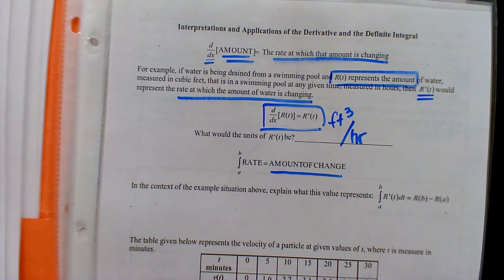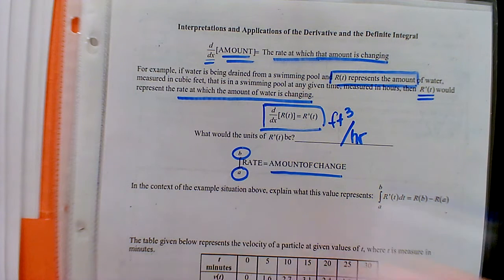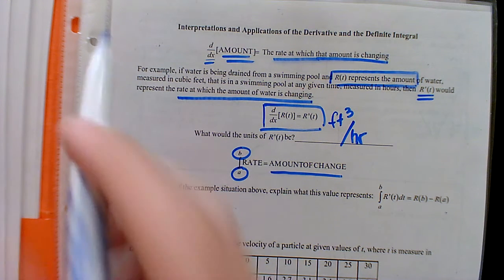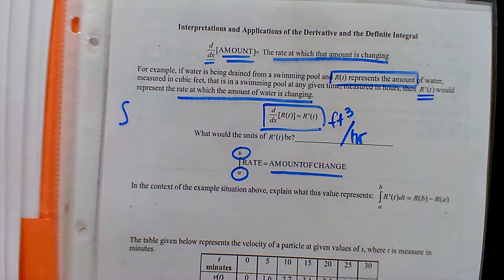Whenever you're integrating, you're looking at how much a function changes from a beginning point to an ending point. That's why we have those bounds. You have a starting value and an ending value. So maybe let's practice this. We've been talking about particle motion, like position, velocity, acceleration.